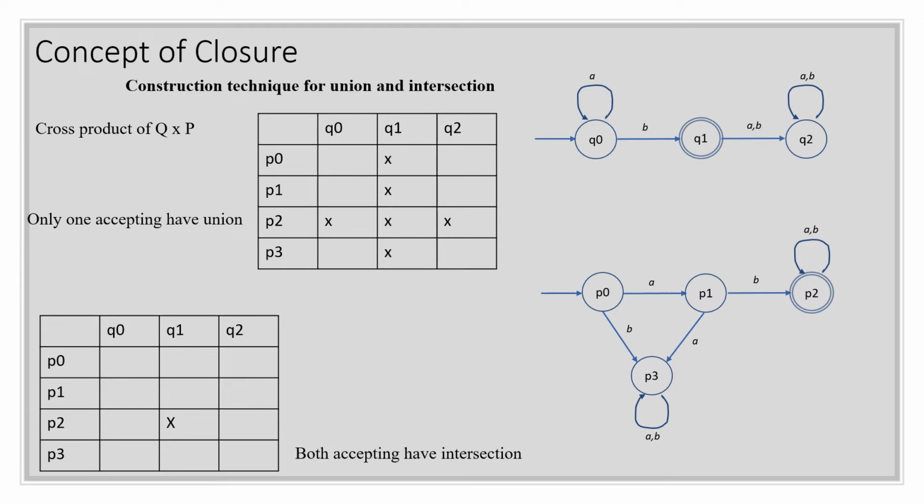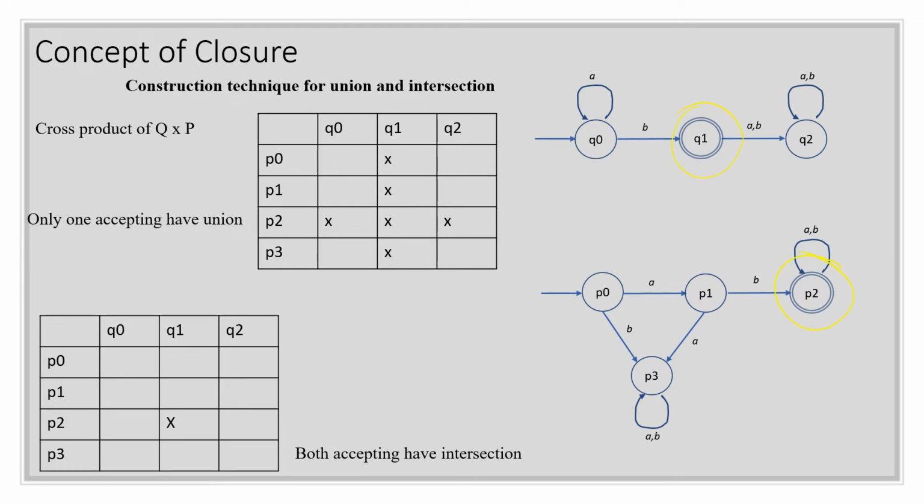So that's the definition of a regular language, that there exists a DFA for that language. So if you make the cross product of two DFAs, like Q0, P0, Q0, P1, Q0, P2, etc., after you create the cross product of the two DFAs, if one of the states is accepting, for example, if you look at the first one here, we have the cross product, Q1 is accepting and P2 is accepting.